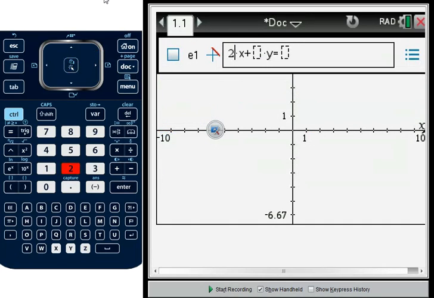So we had 2x plus 1y equals 10. And then we had 6x plus 3y equals 30.